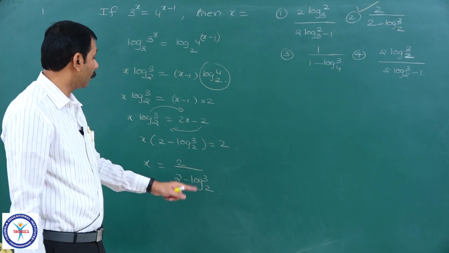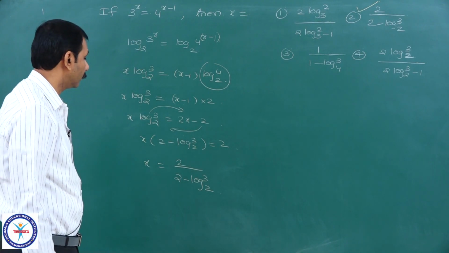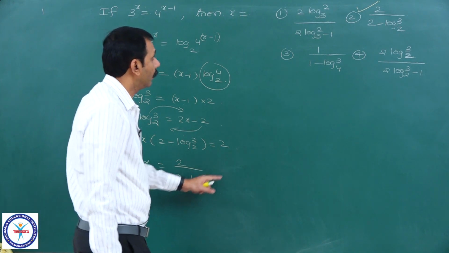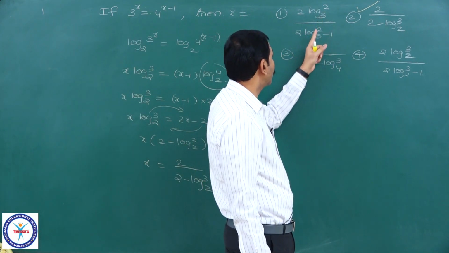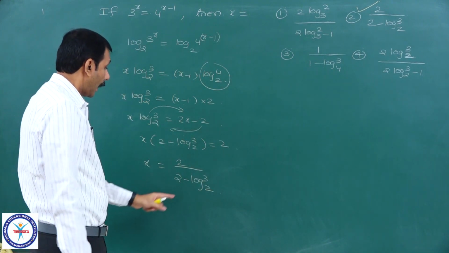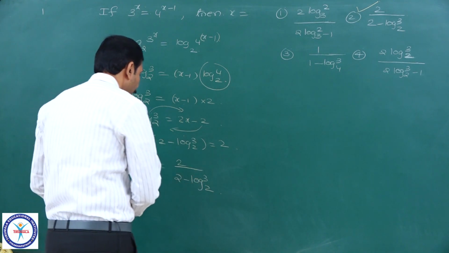But do not conclude that that is the only answer, you check it. Now, observe this: here it is log 3 to the base 2, whereas in this option log 2 to the base 3 is there, so you check it once. I will write log 3 to the base 2 as 1 by log 2 to the base 3.